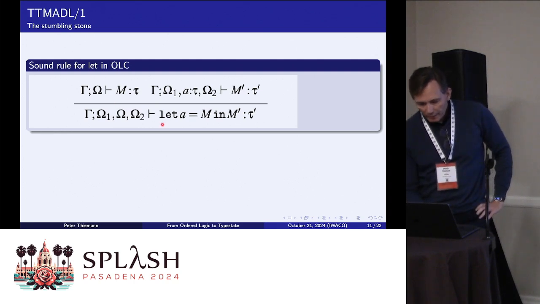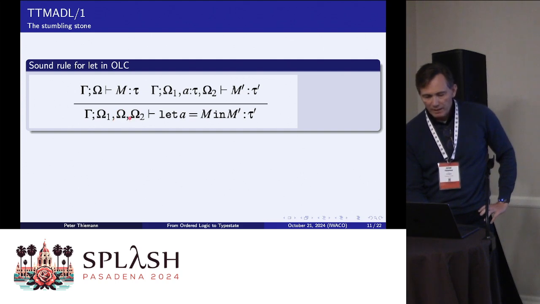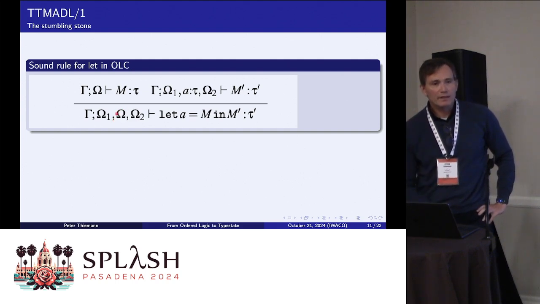Here we have some sort of term m that we want to abstract into a and then use that in m prime. Now here we have the ordered assumptions. Interestingly, we can take the assumptions that we use to prove m out of the middle of this ordered context.